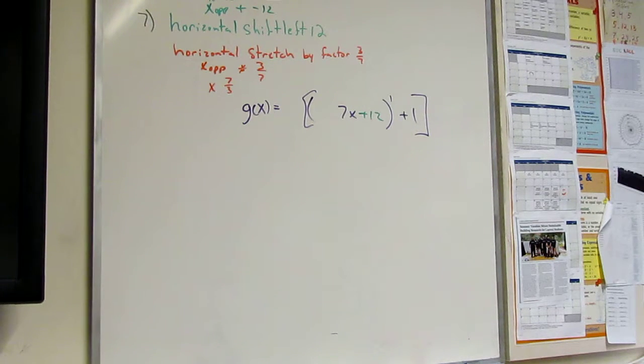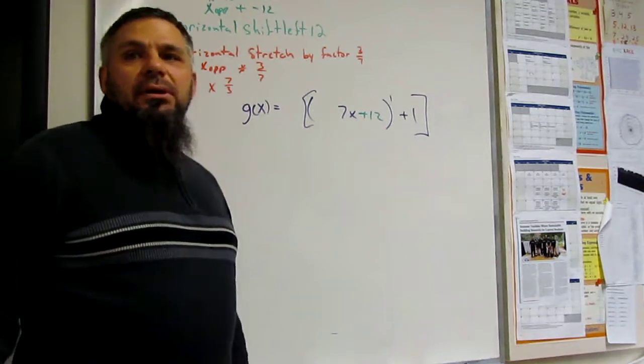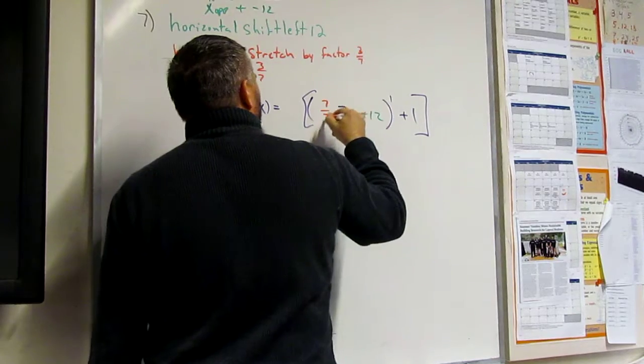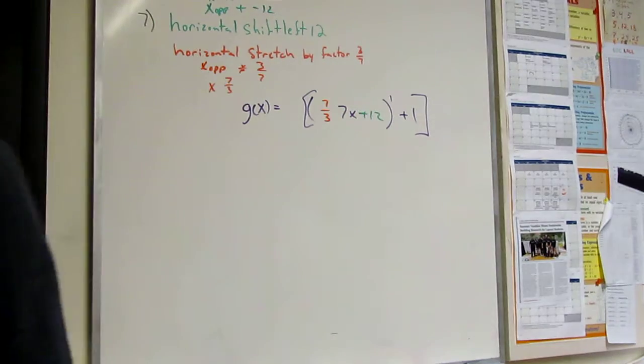That's the opposite of multiplying by 3/7, is multiplying by 7/3. Now, yes, we are technically dividing. But what do you do when you divide with a fraction? Flip and multiply, right? You learned that since what, 2nd, 3rd grade? So, flip and multiply. So, that's all we're doing here. Except it goes in the front, 7/3. Does that make sense?